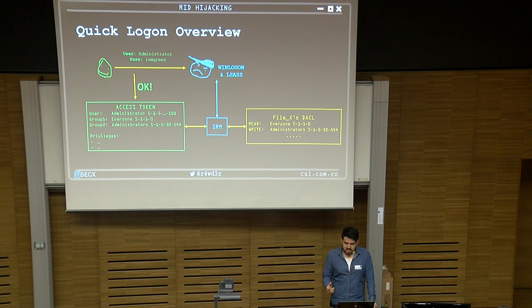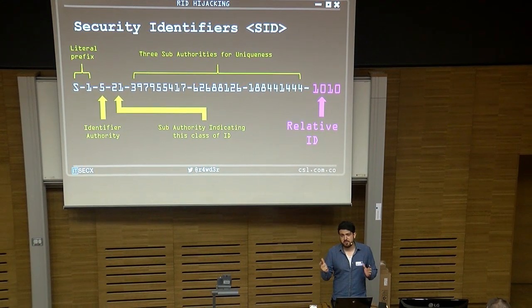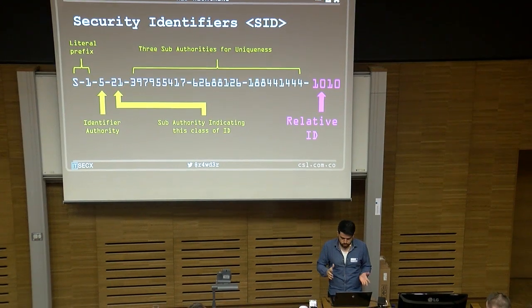This process of checking is also done by using security identifiers, which are stored on the access token and also on the ACLs of the object. Here is the structure of a security identifier. This is the way that Windows has to differentiate or identify security principals such as users, computers, groups.